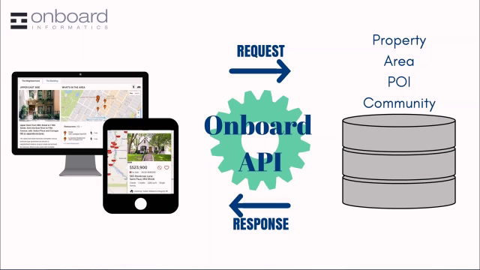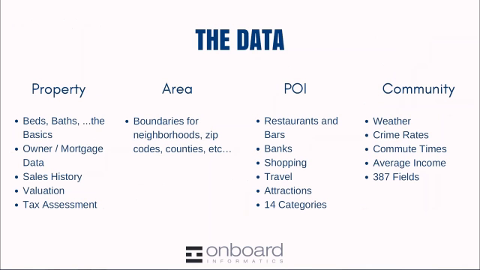Everything from property to area to POI to community data that we have in our database, your product would be set up to make requests to our API and then receive data responses through our API based on what your customers are looking for in your product.